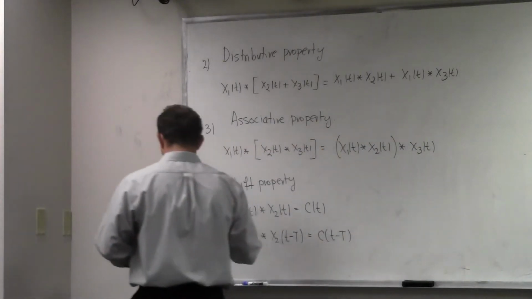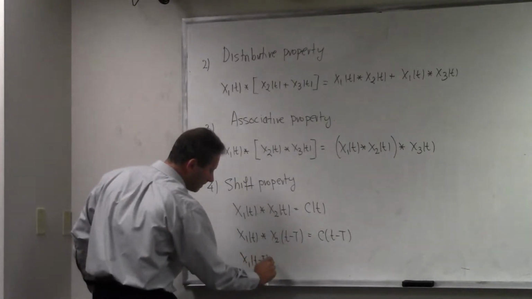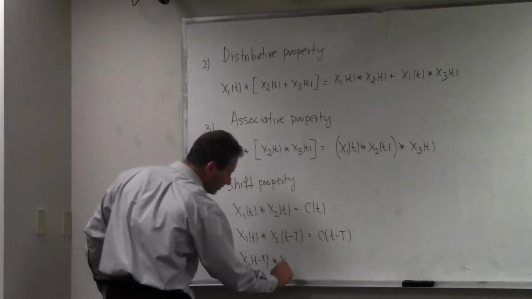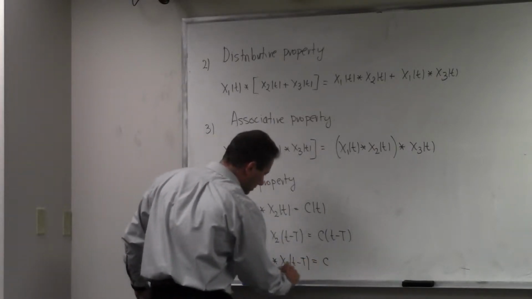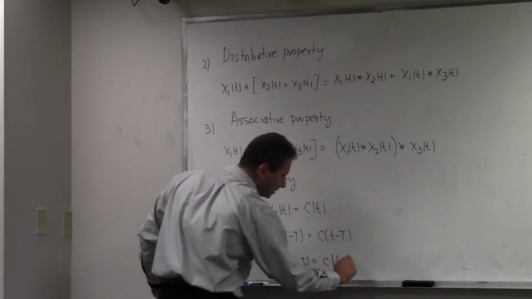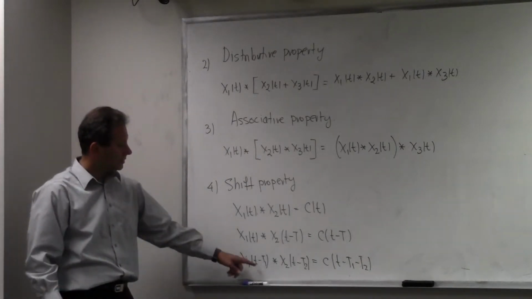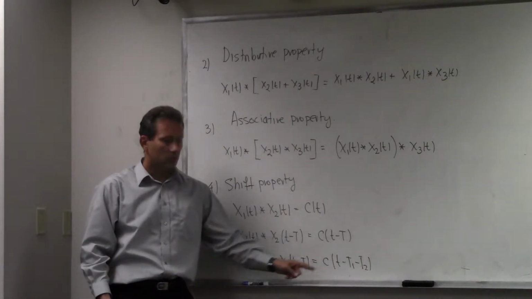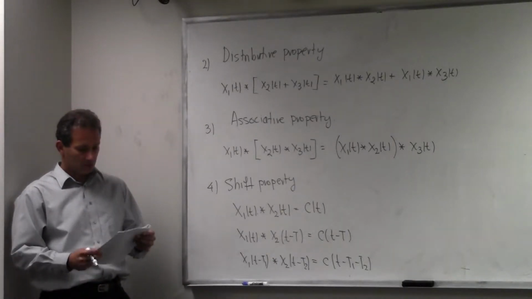Also, if I have x1 of t minus t1, and then x2 of t minus t2, the result is going to be c of t minus t1 minus t2. So if I delay the first one by t1 and second by t2, the overall delay in the output is going to be the sum of the two delays.